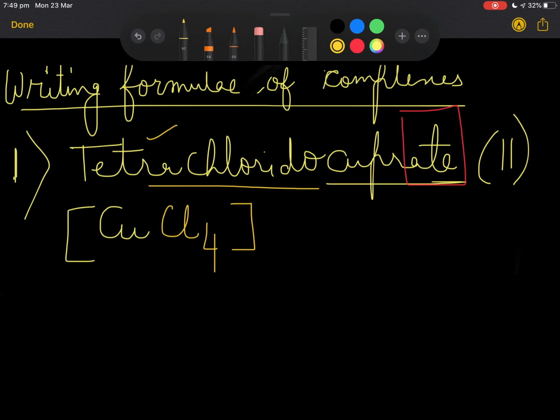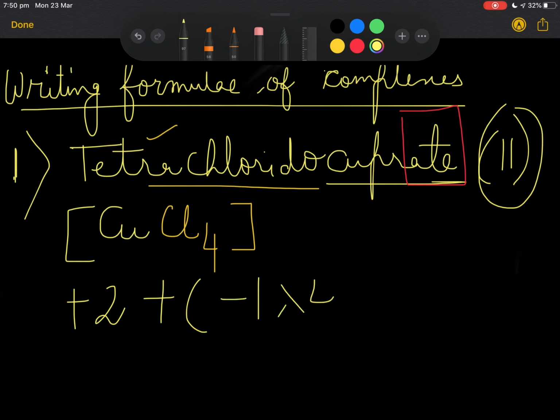Now I have to cite the charge on this complex. For writing the charge on the complex, I need to use the oxidation state. Right now the oxidation state is 2. That means copper has a +2 state, plus chlorido means -1 into 4.